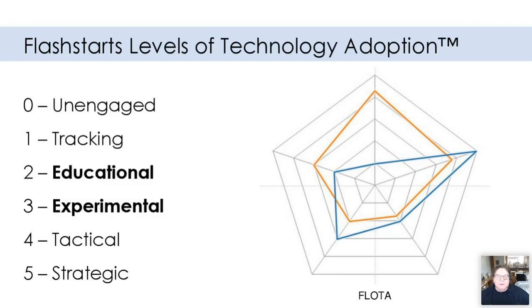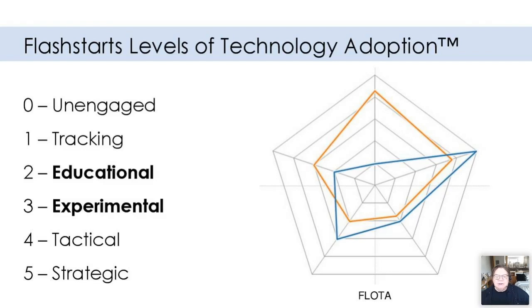Unengaged is where you don't really know about it or pay attention to it, before it comes up over the horizon. Then tracking a technology: you may see an emerging technology that could be of interest, and you start to track it. Maybe someone within your organization goes to a seminar or pays attention to news and notes.